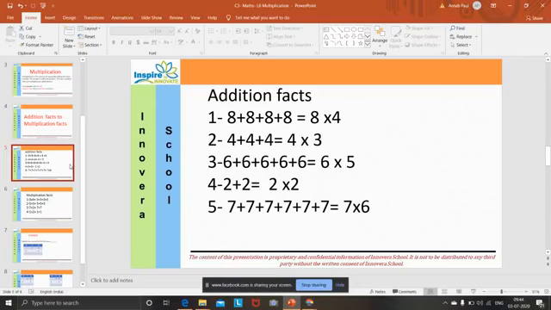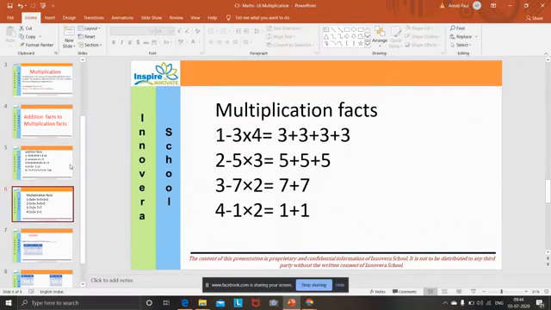Kitni baar woh number repeat hua hai, theek hai? For the opposite, it is already given, and we write the first number and put plus plus plus as many times as multiplied, like 4 if it is there. So we will write 3 4 times.